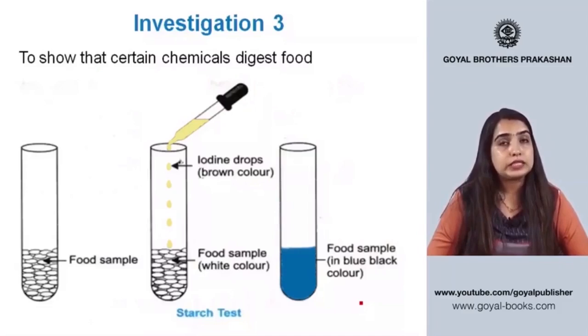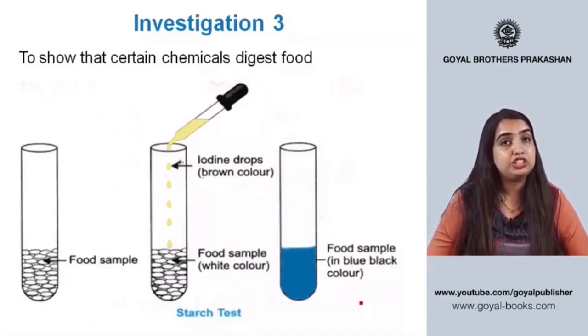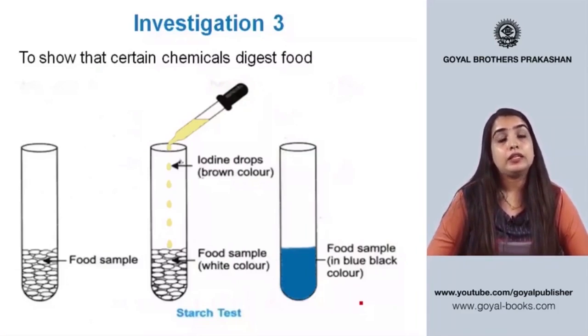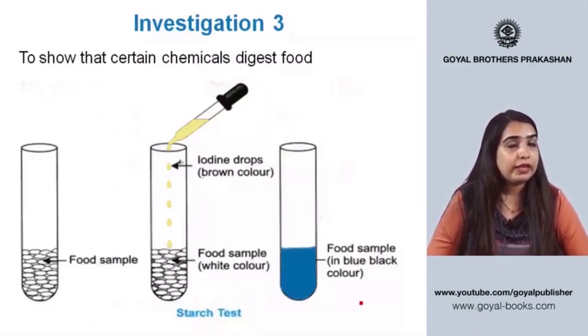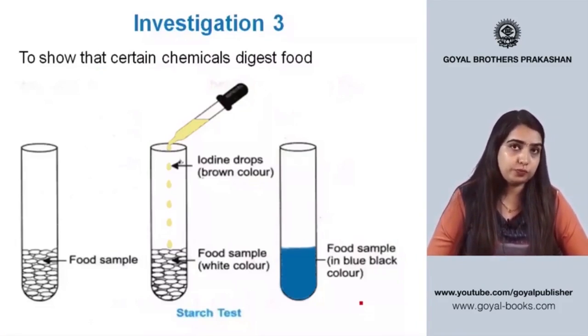Now you would notice that the blue-black color does not appear on the potato tubers in the test tube, because the starch that was present in them has been acted upon by amylase, and since there is no starch left, the iodine solution cannot do anything, and hence there is no blue-black color in this test tube.